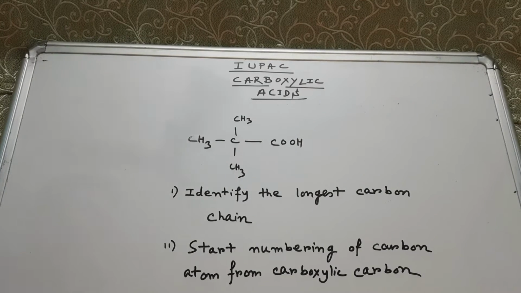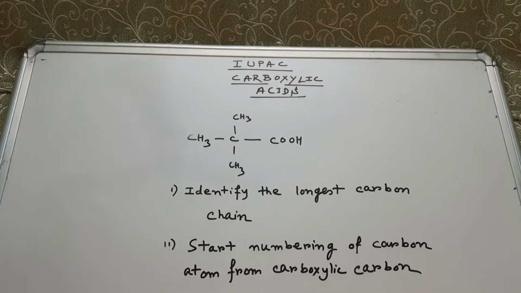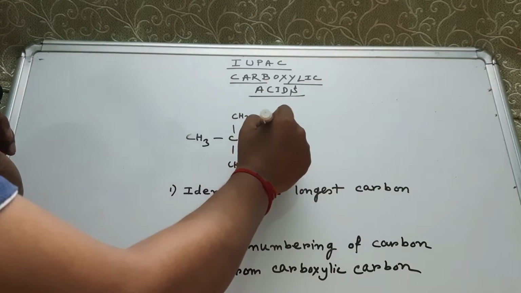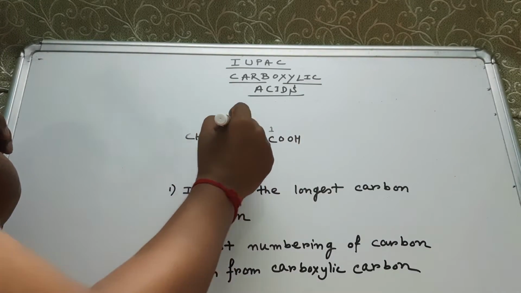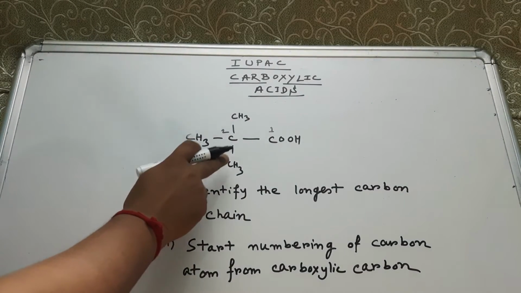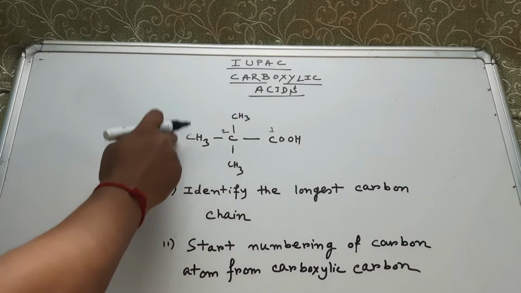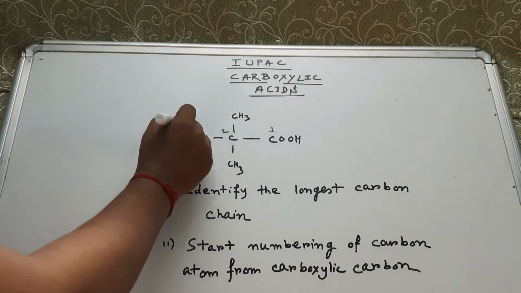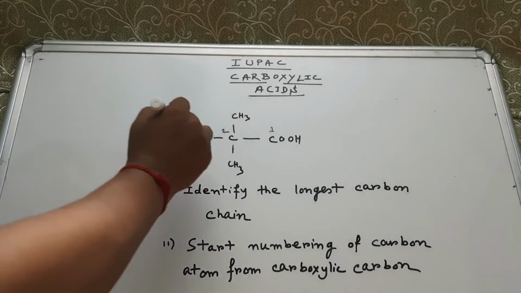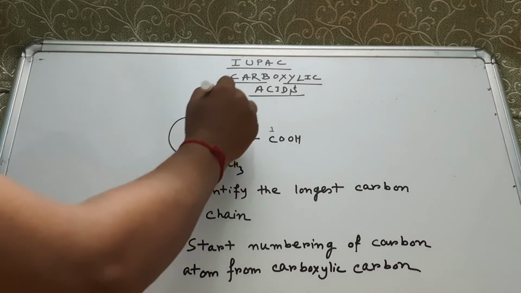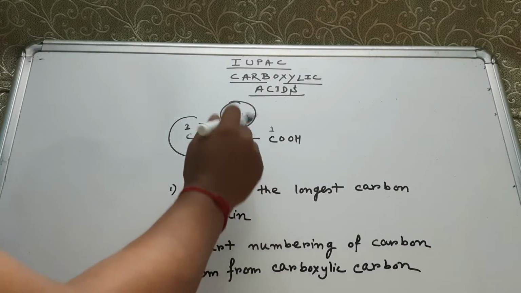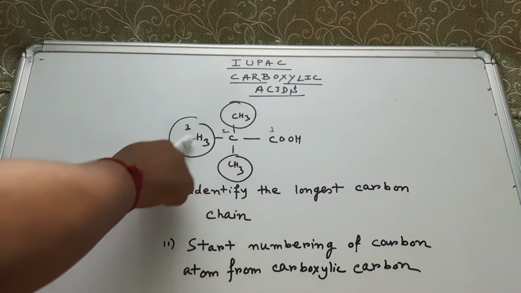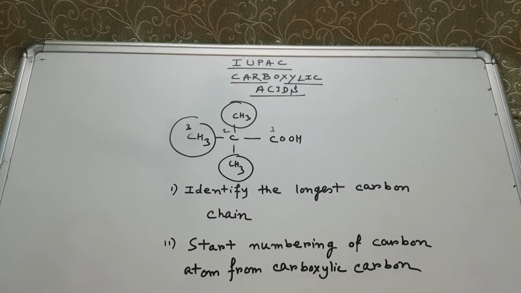So that means here the carboxylic carbon is 1, this is 2, and you can give number 3 to this carbon, or this carbon, or this carbon, any of them, because these three CH3 groups are all equivalent.